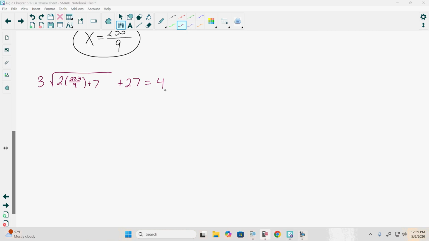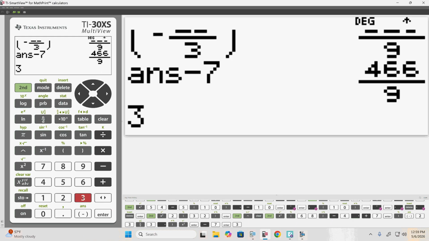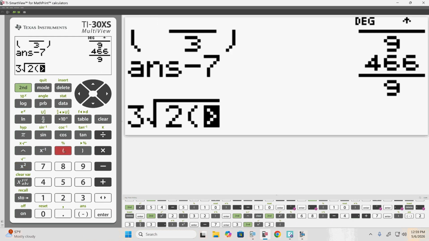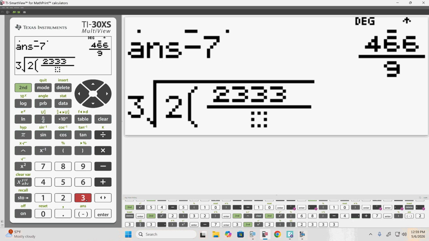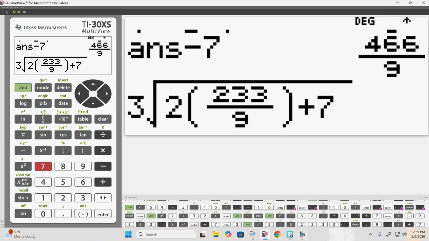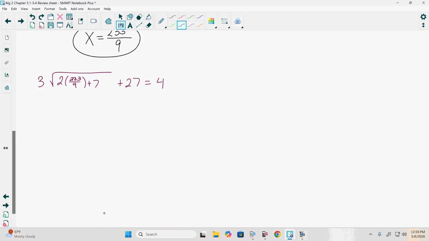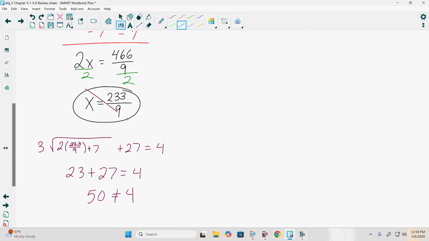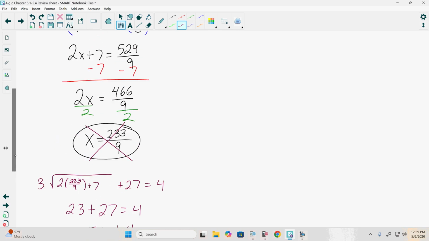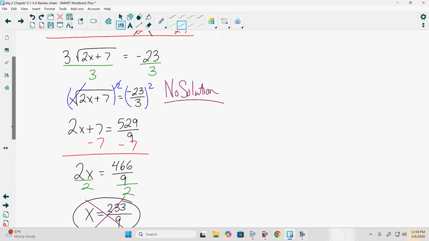Yep. 3 square root 2 times 233 over 9 plus 7. That part there is 23. So we have 23 plus 27 is equal to 4. 50 is definitely not equal to 4. So that doesn't work, so it is no solution.